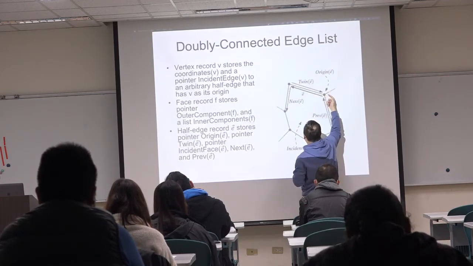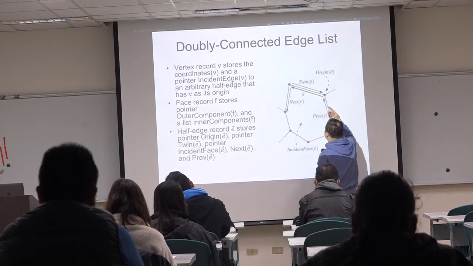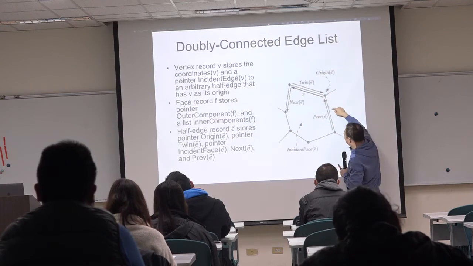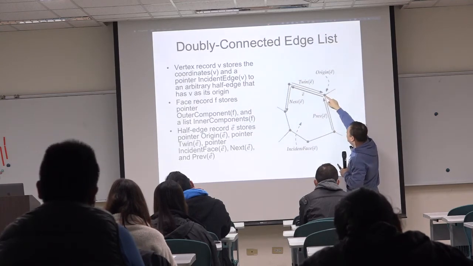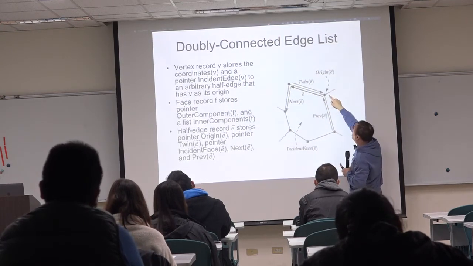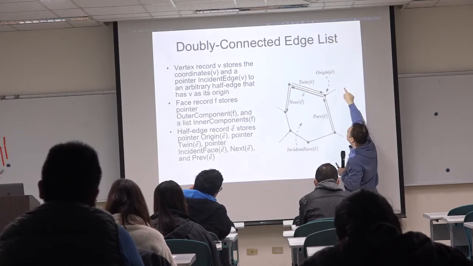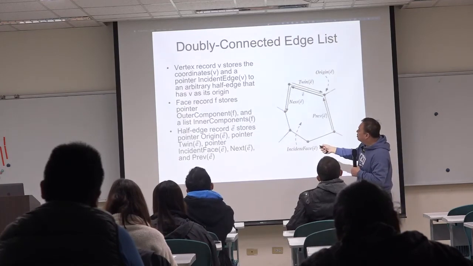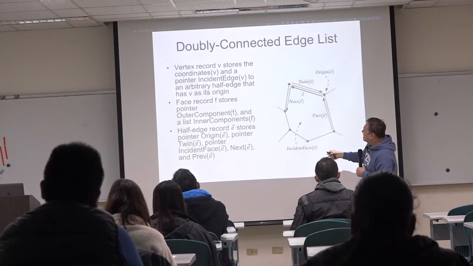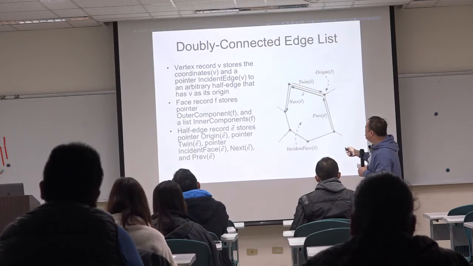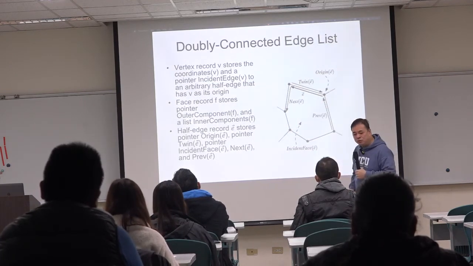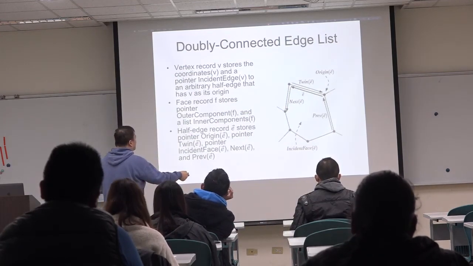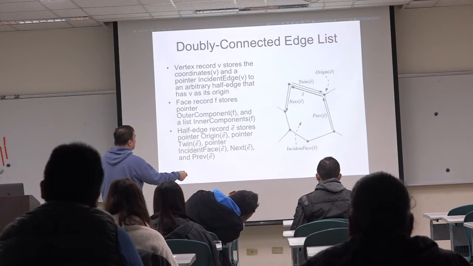So you can have a pointer to point to this one. Of course, you will also have a half edge going from here to here, and another half edge going from this point to this one. But that's fine, because this pointer only needs to point to one of the half edges that use this point as the origin. So you can use this half edge E.